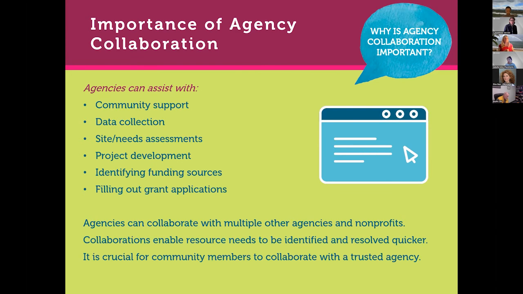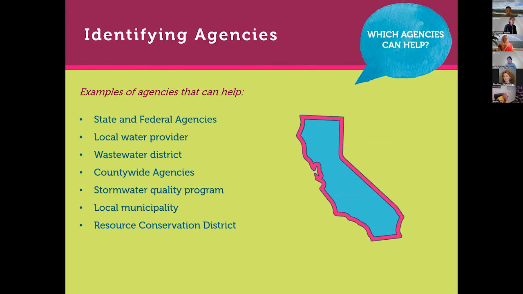Next slide. We're going to spotlight some categories of agencies that can help. Obviously, there are state and federal agencies, many of them have offices in our county, and we have access to the support from them when needed. They're also sometimes the regulatory authority, so understanding the regulations and working collaboratively to resolve challenges is really important.